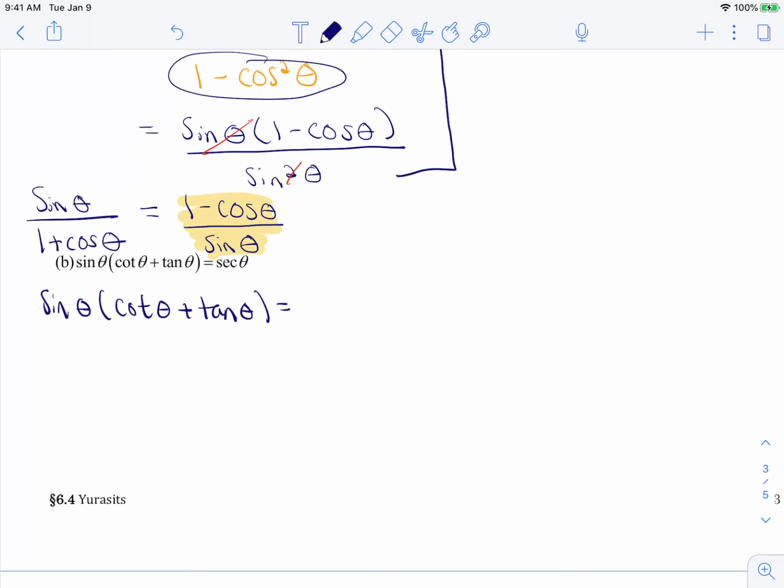Sometimes you look at these and you think, oh, it's a no-brainer, I'm going to replace this with that, this with that, and it gets worse and worse. And then you know, okay, let me take a step back and think about what else I can replace. So you just have to roll with the punches with this. Feel uneasy with it, it's okay. So somehow I have to get this thing equal to secant.